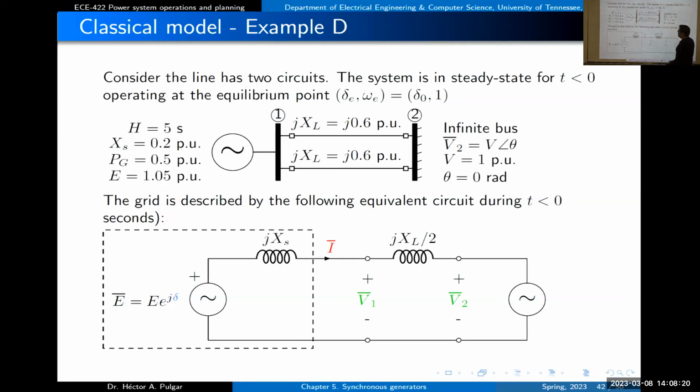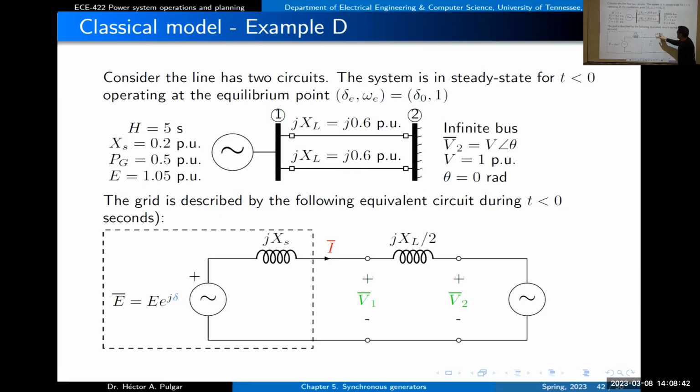Now, in this situation, we can calculate the equilibrium point. Everything is fine. We are sending this power to the infinite bus, and the equilibrium point should be exactly the same angle delta for this machine, which was 0.24 radian, I think, something like that.